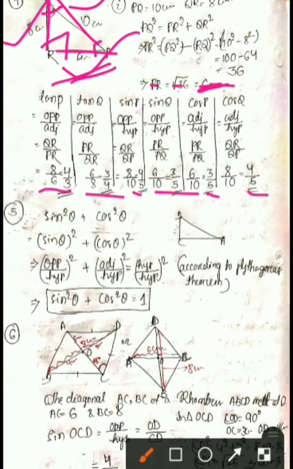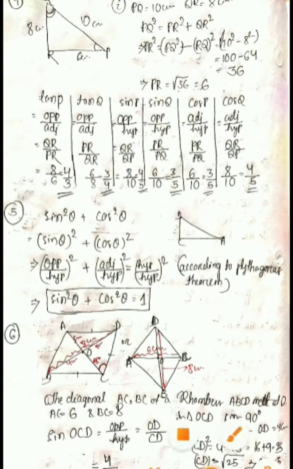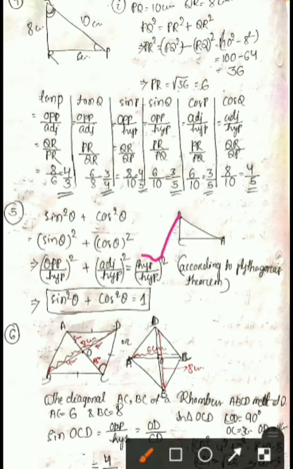And question number 5. For any angle theta, state the value of sin square theta and cos square theta. So students, as you know, sin square theta plus cos square theta, the value is 1. From the Pythagoras theorem, you know hypotenuse square equal to adjacent square plus opposite square.